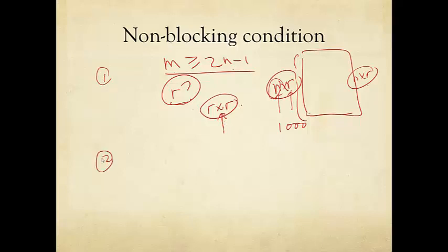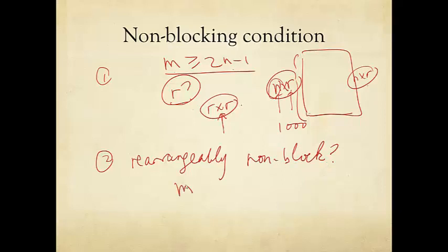Question number 2 is, this is for non-blocking. What about rearrangeably non-blocking? We should have a looser condition. m doesn't have to be as big as 2n minus 1 anymore.